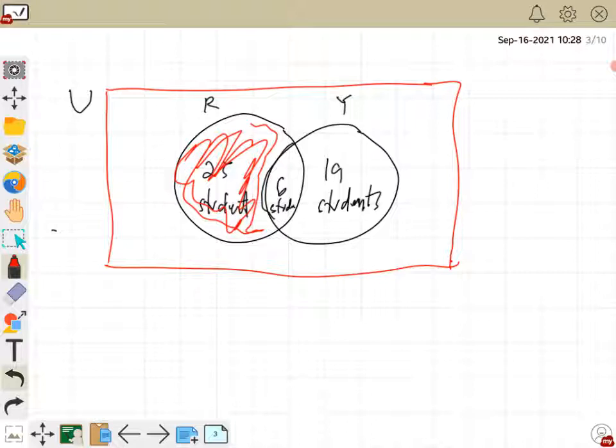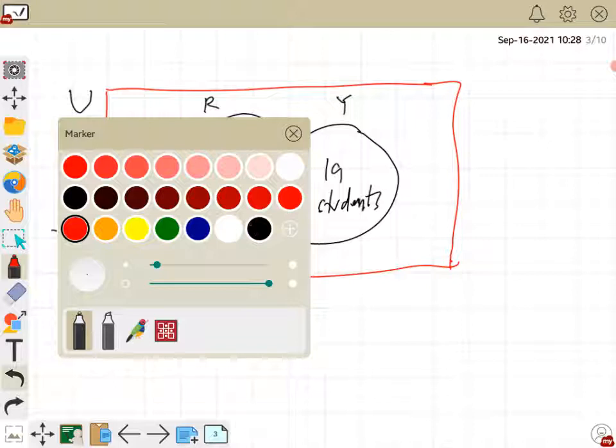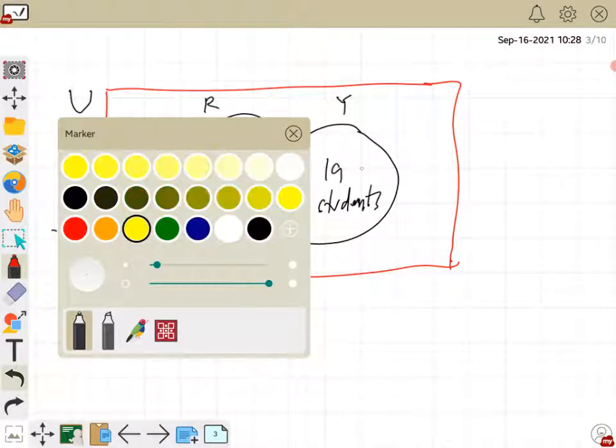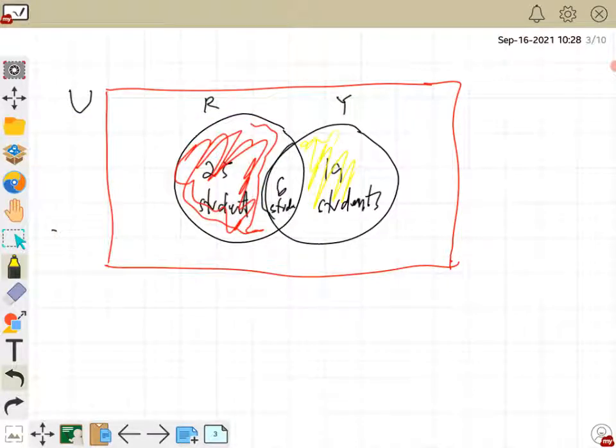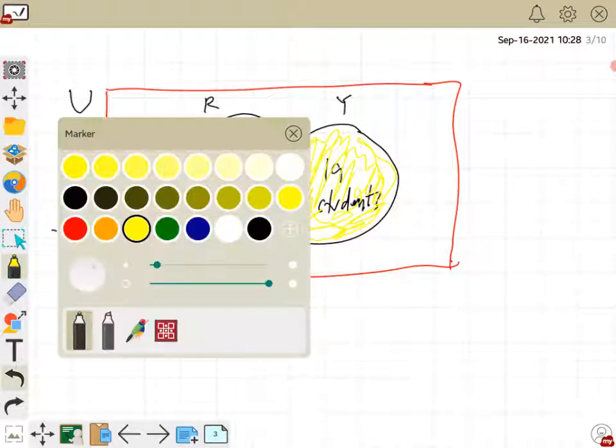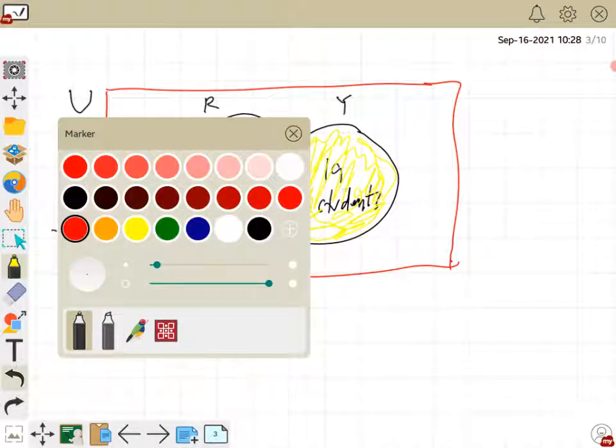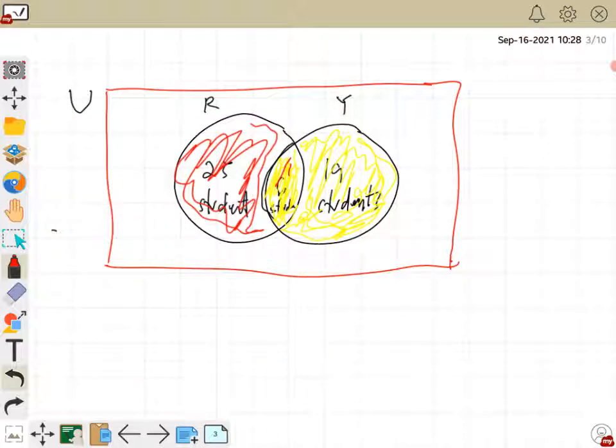And the same with this one. This is the set of students who chose yellow shirt only. And the 6 students, this is for both, they chose red and yellow.